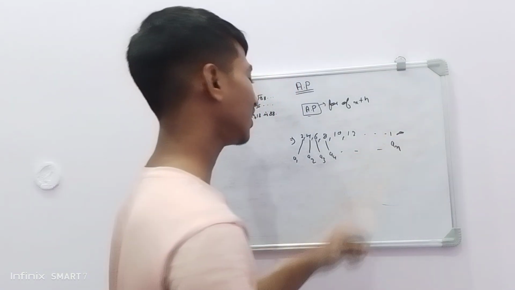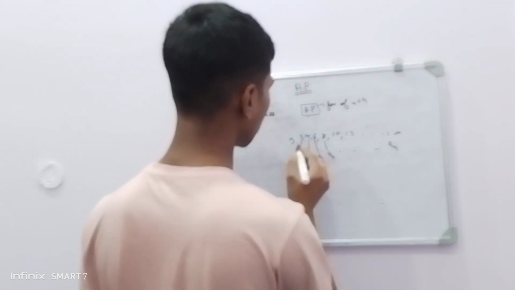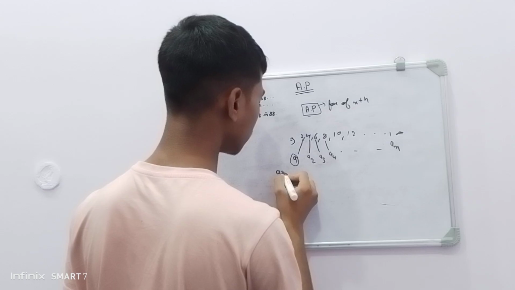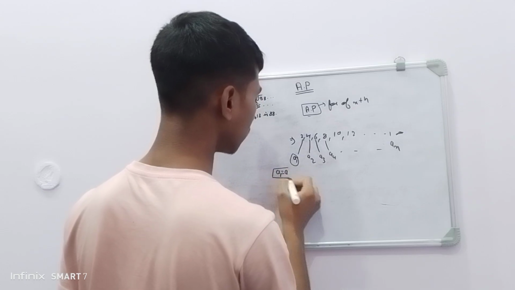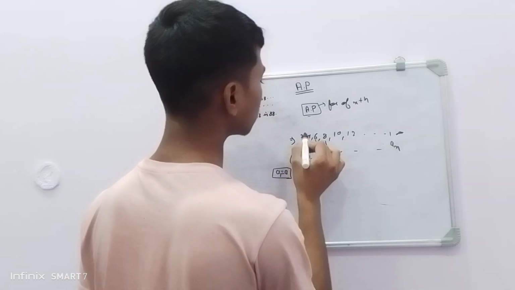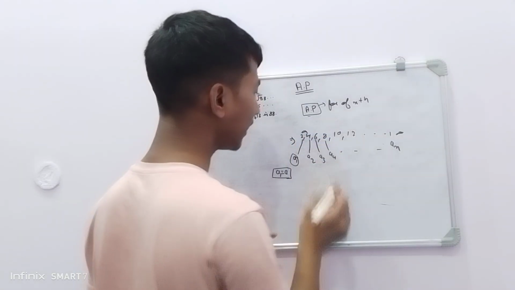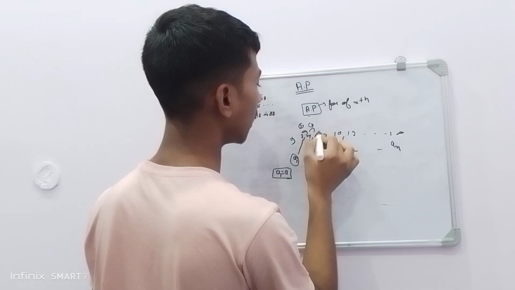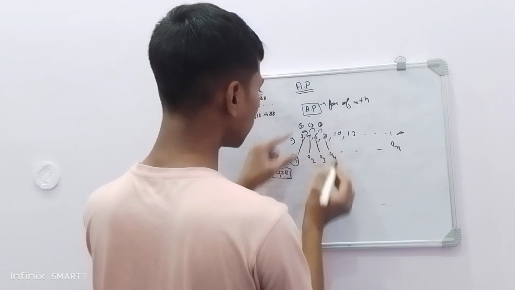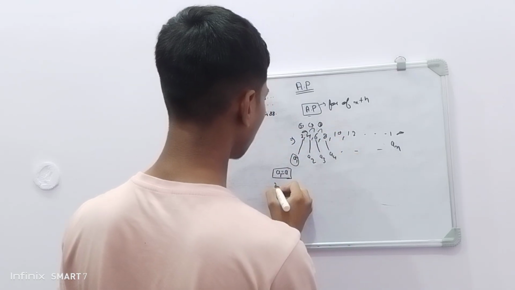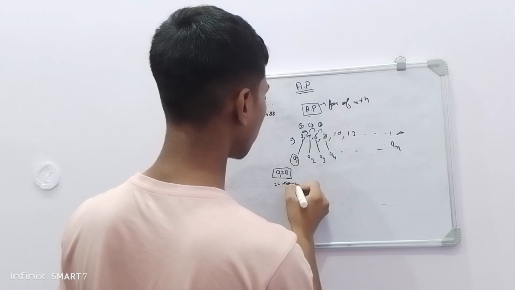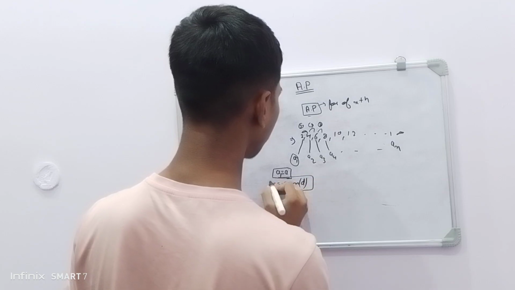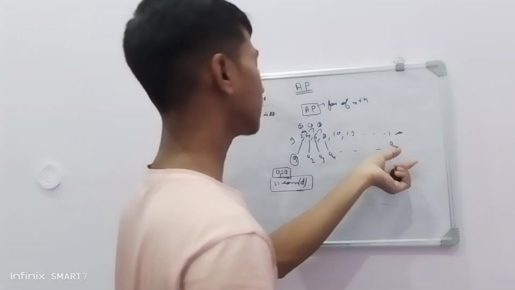Here you can see that the common number added to get the next number is 2, again and again 2. This is called the common difference, which is denoted by the symbol d.